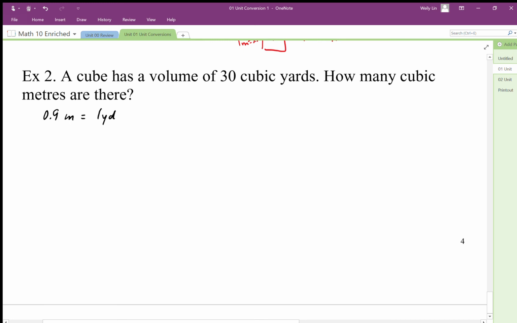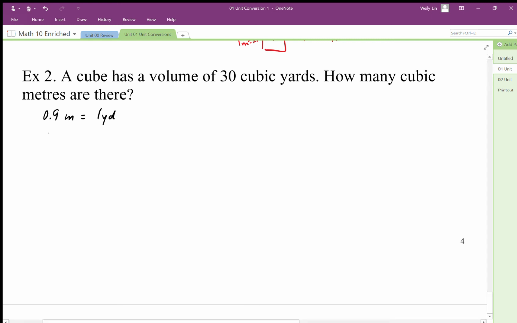Okay, so we have 30 cubic yards, and we want to know how many cubic meters there are. We can't just use this as our multiplier, because linear yards and cubic yards have different conversion factors.